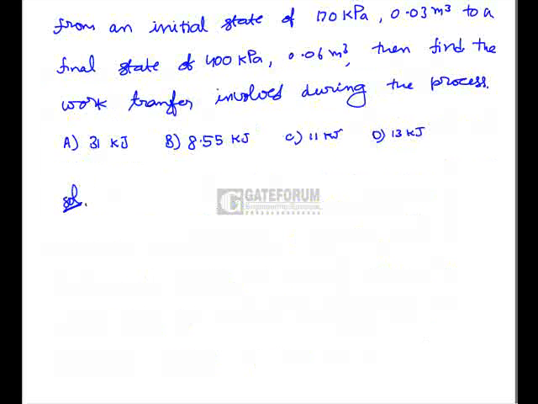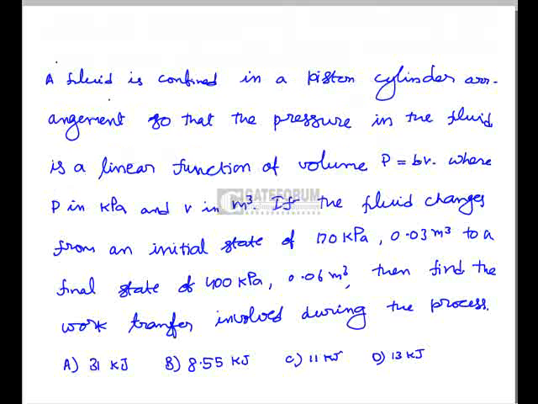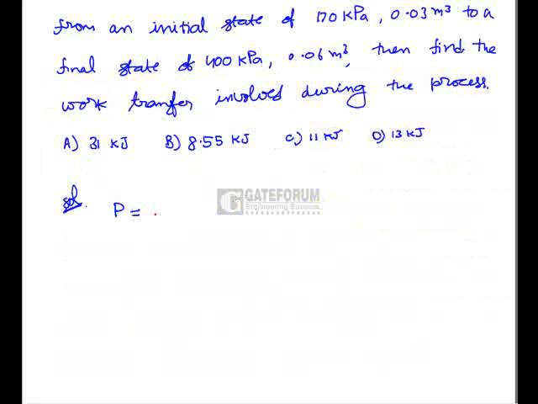So here, coming to the solution, P is given by a linear function of A plus BV. Now substitute the initial and final conditions of pressure and volume. P1 is equal to A plus B V1, and P2 is equal to A plus B V2.